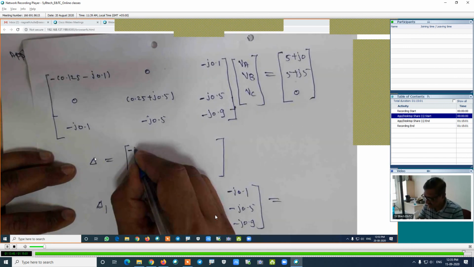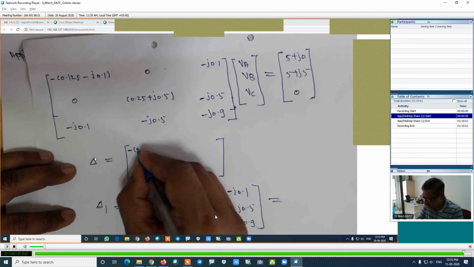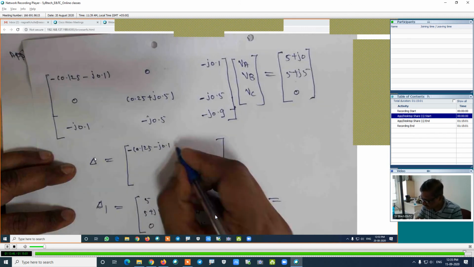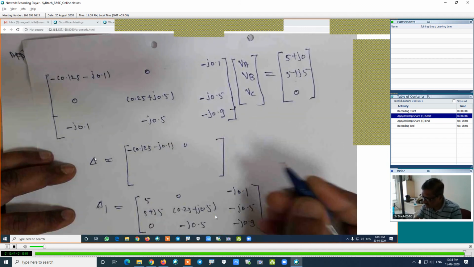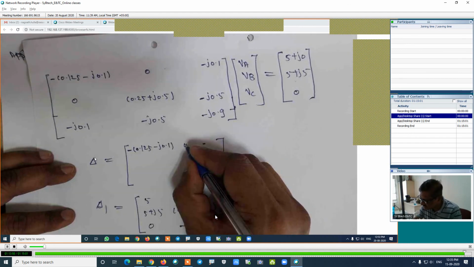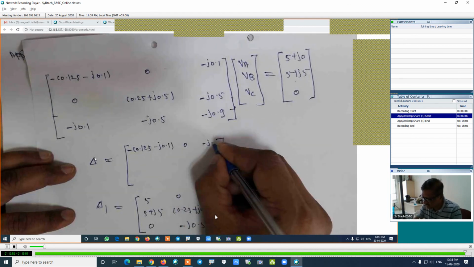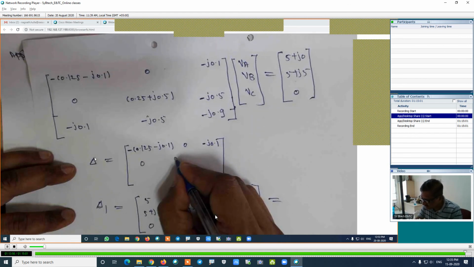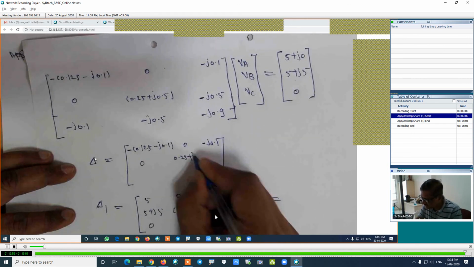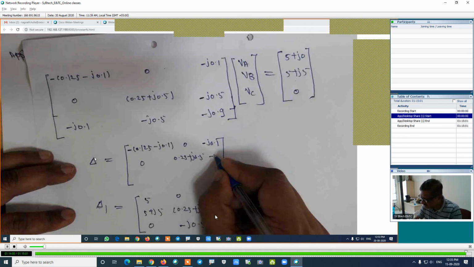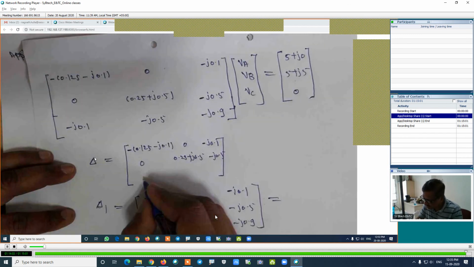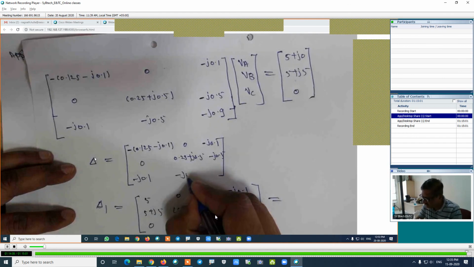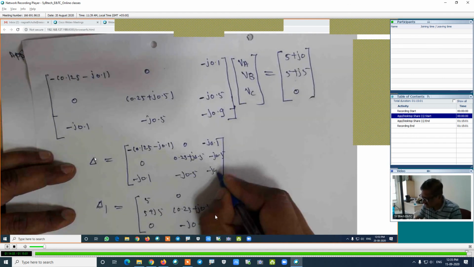It's minus, it is 0.125 minus j 0.1, this value, then this is 0, then this is 0, then minus j 0.1, this is 0, this value will be 0.25 plus j 0.5, this is minus j 0.5, this value will be minus j 0.1, this is minus j 0.5 and this is minus j 0.9.